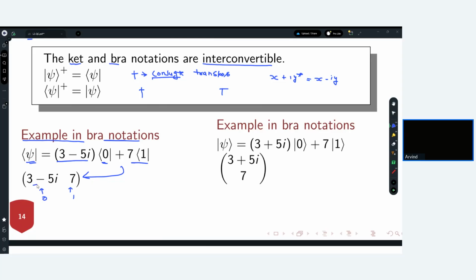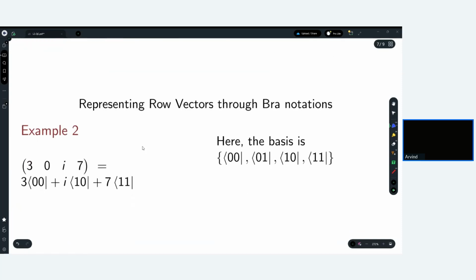Here the 3 minus 5i becomes 3 plus 5i and the row becomes a column. Non-complex numbers are kept as they are. And this vector is represented in the Ket notation like this: 3 plus 5i Ket 0 plus 7 times Ket 1. So in this way, you can convert a Ket notation into bra notation and bra notation into the Ket notation.